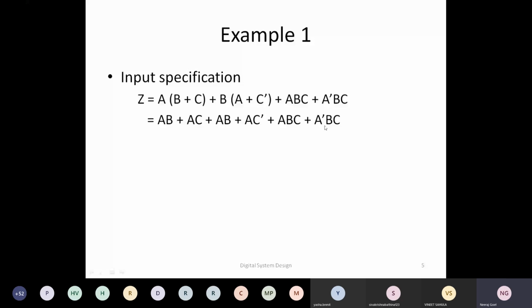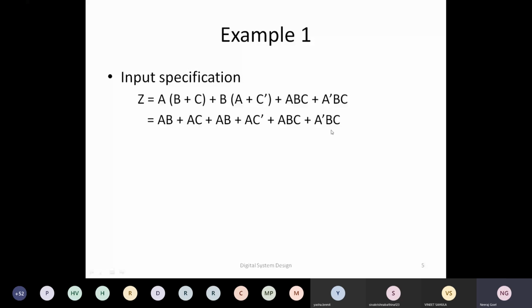Now when you see this, you observe that this AB and this AB are the same, so essentially you can remove one. Further you have AC as well as AC dash, so C plus C dash becomes 1, and you can effectively make it A. Further you can optimize A plus AB to A, and similarly A plus ABC to A, and this ABC plus A dash BC can become BC.